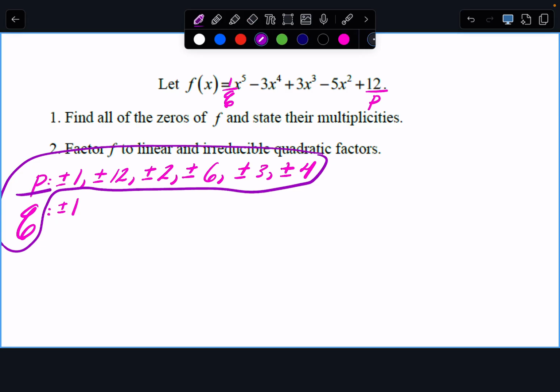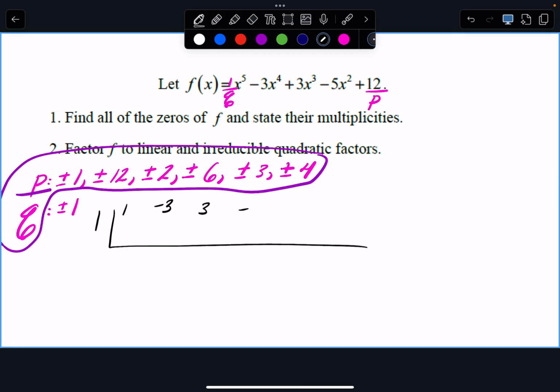Now we just have to start testing. There really is not a way to, without a graphing calculator, get a hint on where we should start. So let's just start with positive 1. 1, negative 3, 3, negative 5. Uh-oh, isn't there a 0x missing? 0, 12. I'm going to check that I didn't mess up any signs or anything before I move forward. Check with me at the end if the remainder is 0, and if so, cool, we'll talk, and if not, we'll move on and test negative 1.